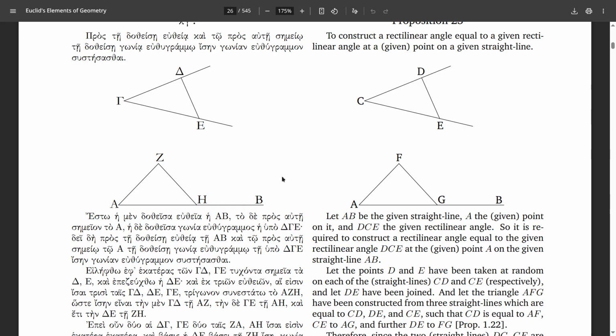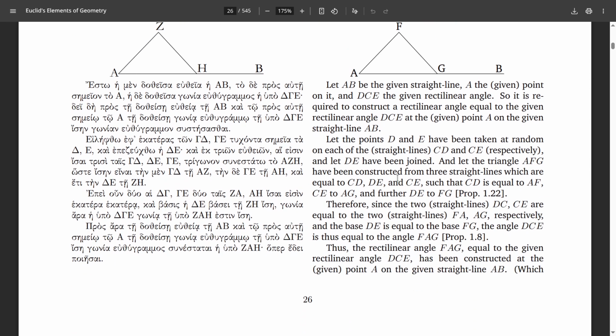Okay, so, straight line AB. Let the points D and E have been taken at random, and let D have been joined.